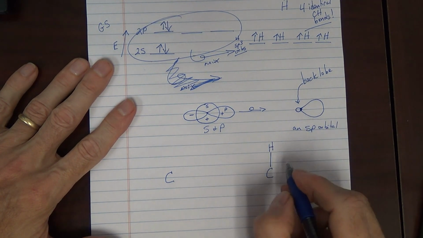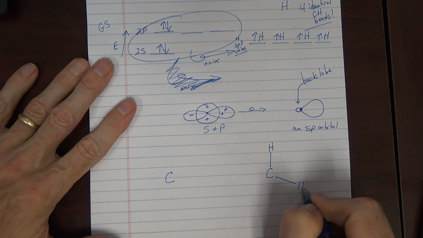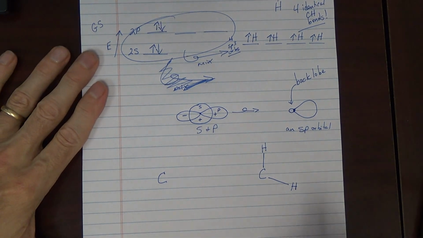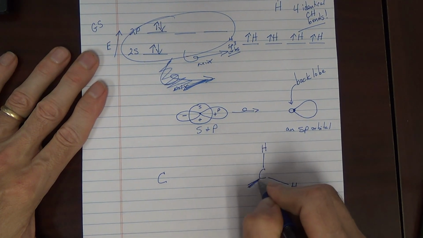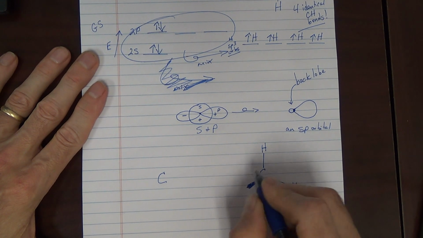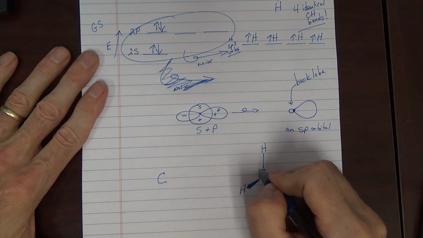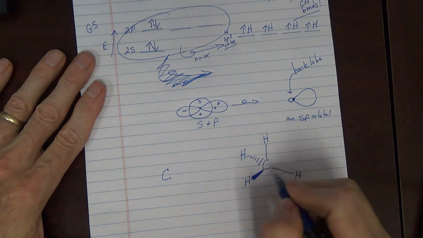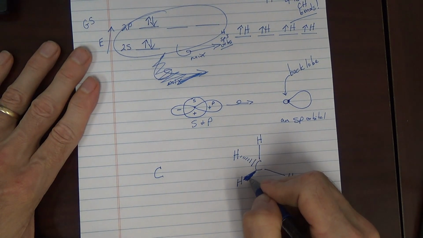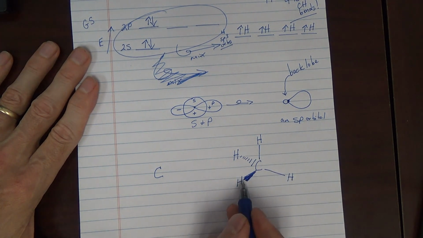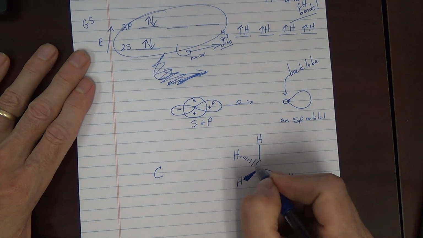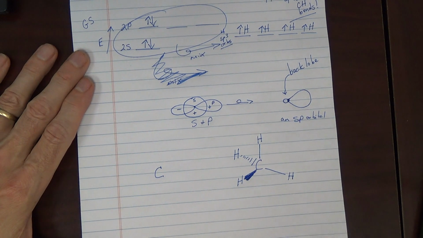I will always say 2 in the plane, like this, and then 1 forward and 1 back. The one that's forward we draw bolded, and as it comes towards you, it gets larger. The one going away we draw dashed, and as it goes away, it gets smaller.